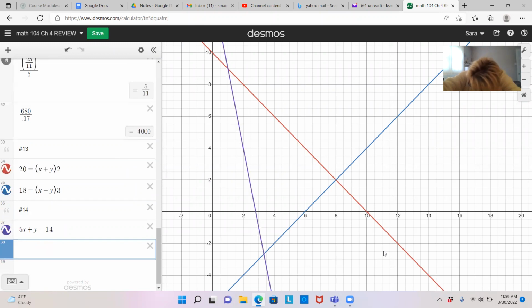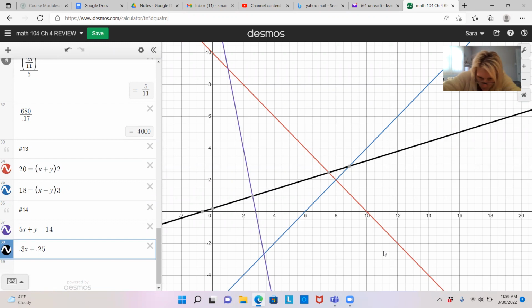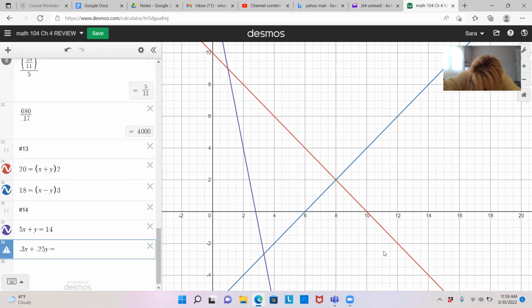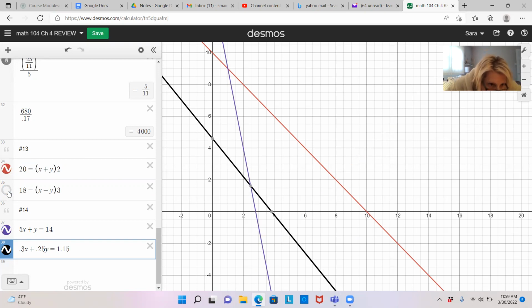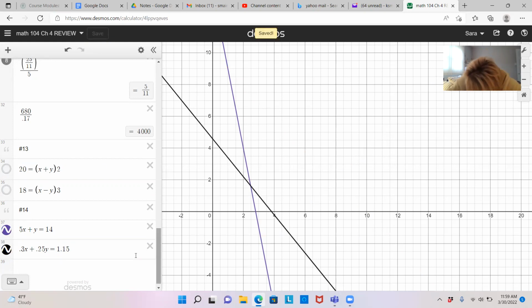And then we have 0.3x plus 0.25y equals 1.15. I'm going to turn these other ones off here. Okay, so 5x plus y equals 14, 0.3x plus 0.25y equals 1.15. Okay, so let's see, where do they equal?